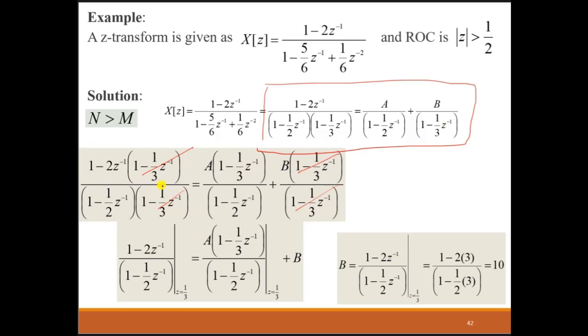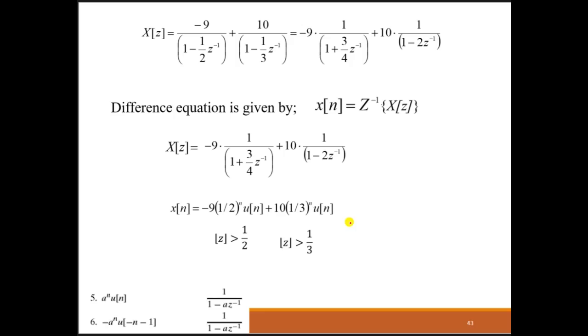Rewrite the equation and then substitute Z with the pole from B, Z equals 1/3. Solve, and you have B equals 10. Then you substitute into the equation, and then the difference equation.